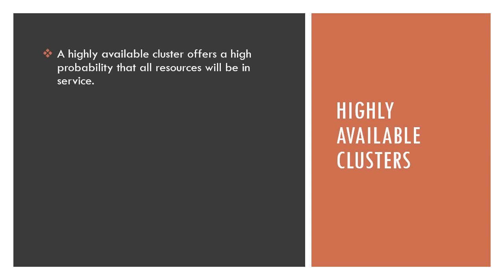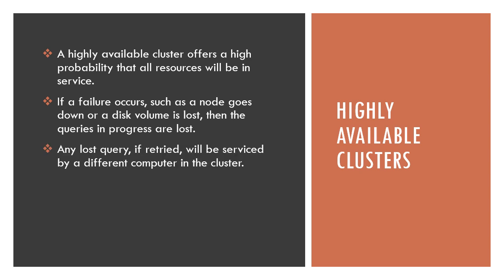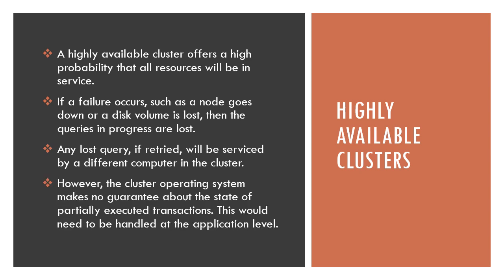A highly available cluster offers a high probability that all resources will be in service. If a failure occurs, such as a node goes down or a disk volume is lost, then the queries in progress are lost. Any lost query, if retried, will be serviced by a different computer in the cluster.